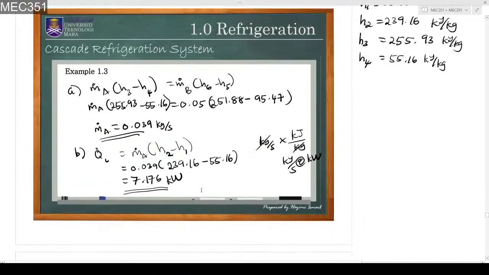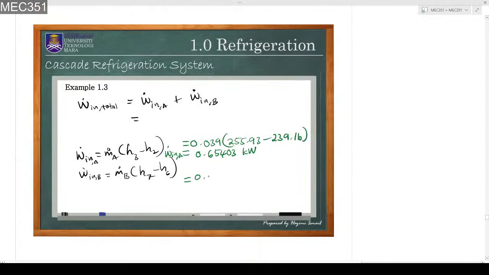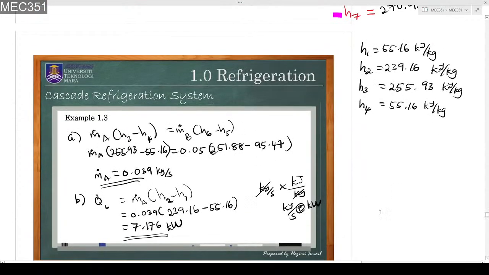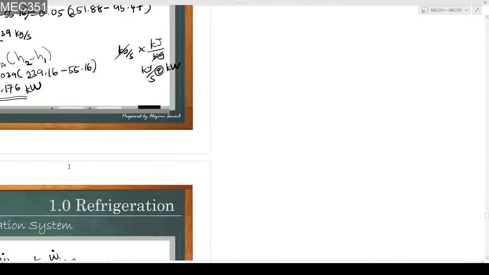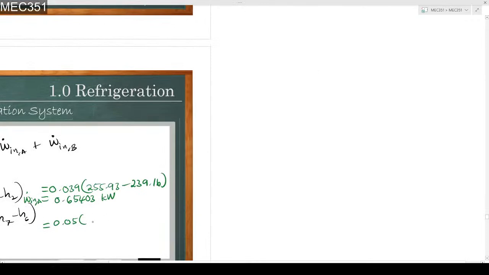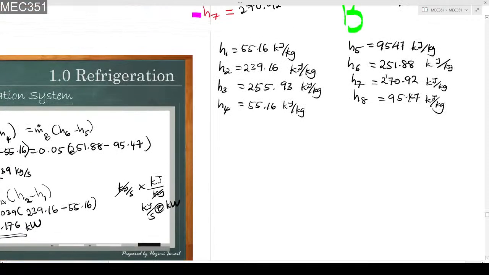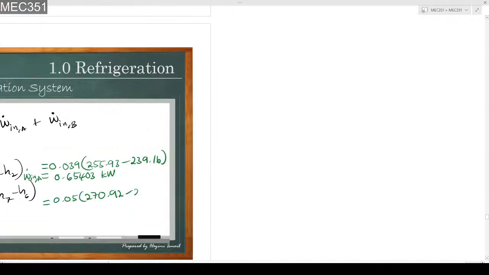Okay, for B, B tadi 0.05. The mass flow rate for B is 0.05. Okay, you have to multiply with the enthalpy change between 7 and 6. Okay, H7 equal to 270.92. H6, 251.88.